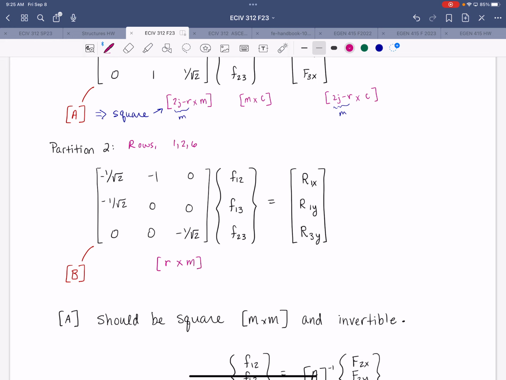In this example, it happens to be square because R and M have the same value, but it doesn't need to be. We still have M by C for the internal force matrix, and R by C will be the result.